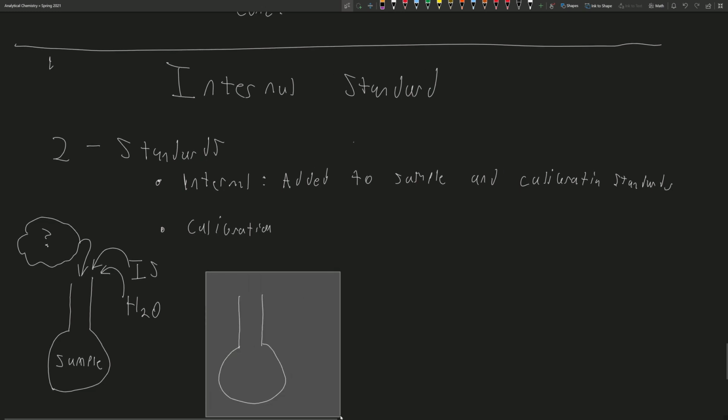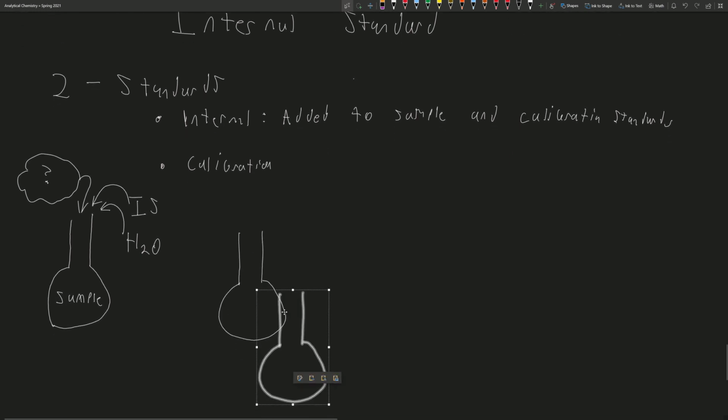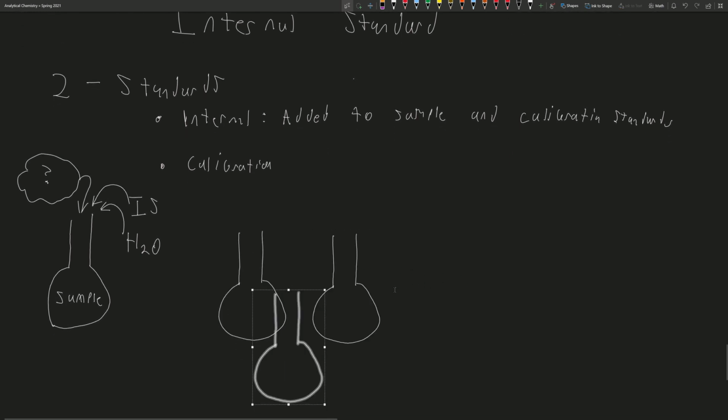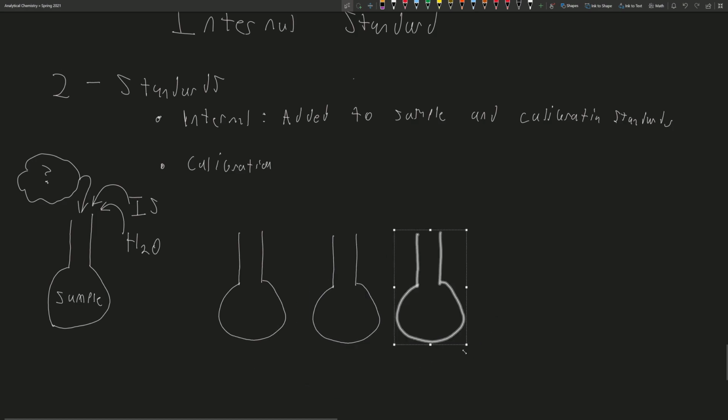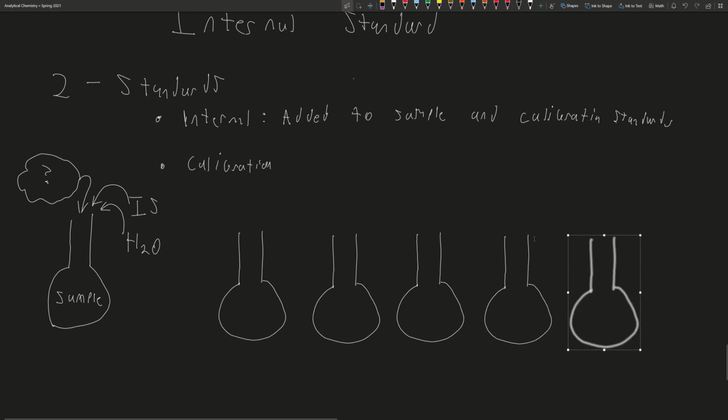Here are our 5 calibration standards. So let's say we have 1, 2, 3, 4, 5.